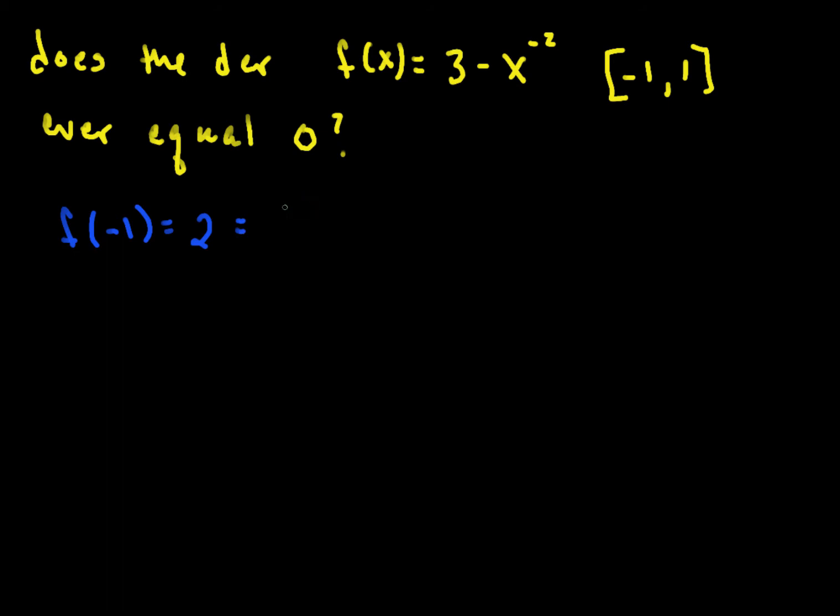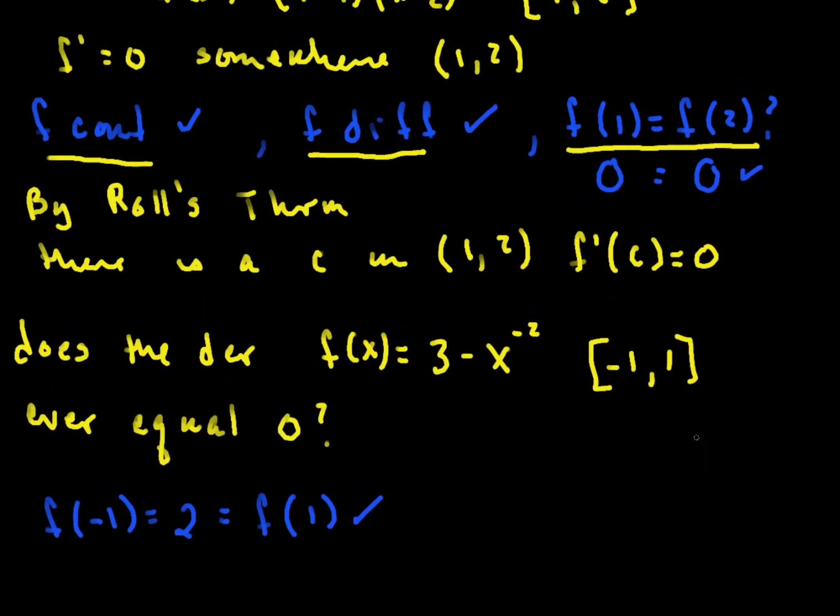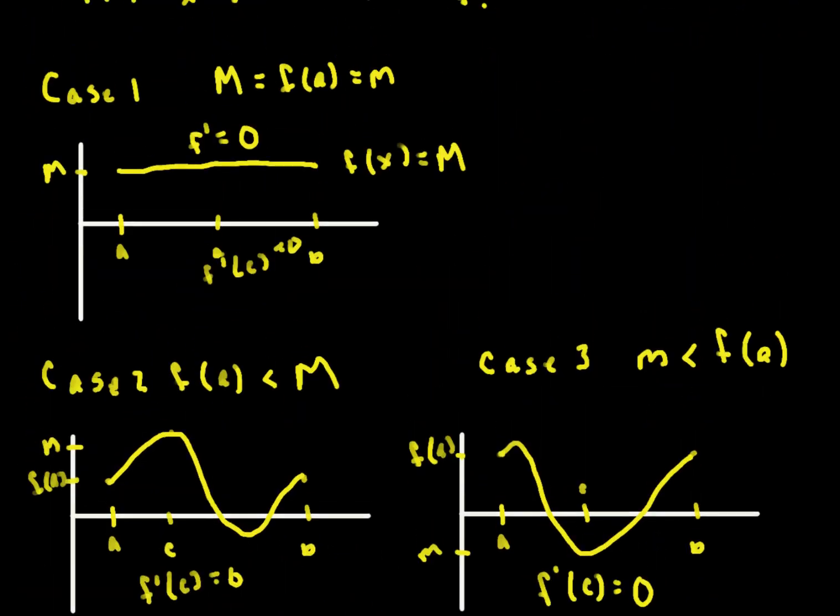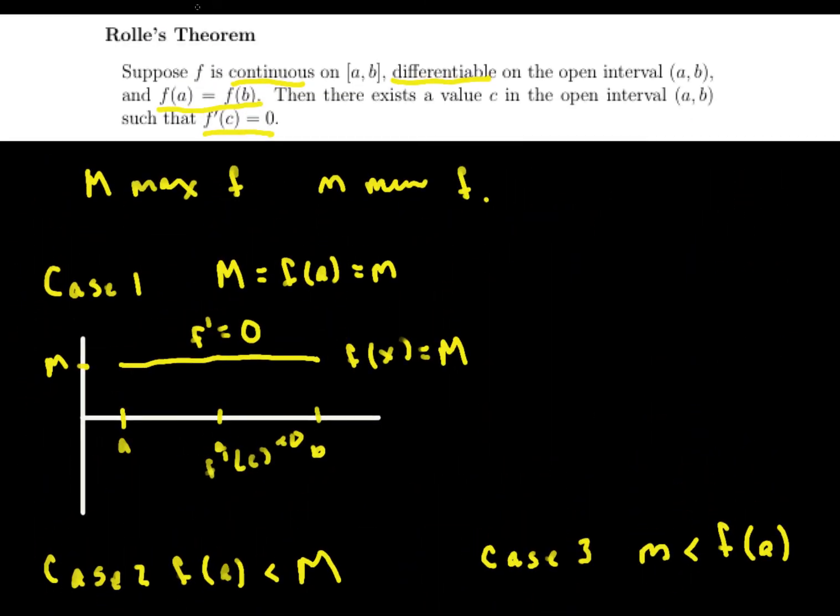And that's the same as f of 1, which is also 3 minus 1. So they're equal. And a student goes, oh, good, I can use Rolle's theorem and say, yes, the derivative is 0 somewhere, but you would be improperly using Rolle's theorem because that's not the only assumption. We have to know, is f continuous and is f differentiable?